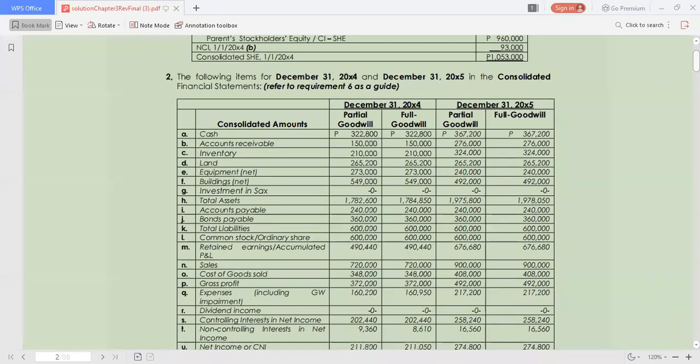Here in requirement number 2, we have now to determine the following items for December 31, 20x4 and December 31, 20x5 in the consolidated financial statements using the partial goodwill or the proportionate basis approach.